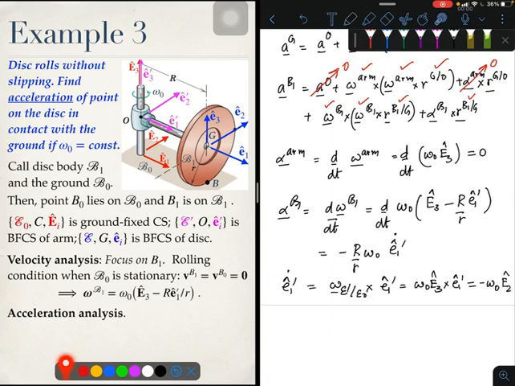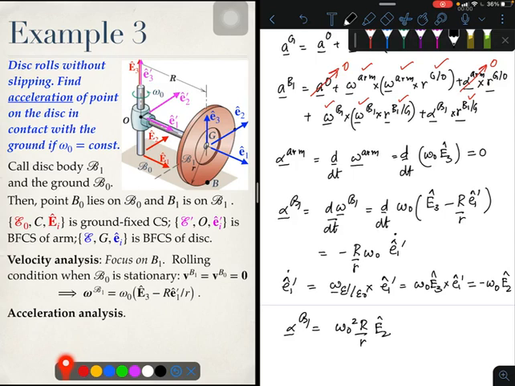Putting this equation and this equation together, I will get that alpha B1 is equal to omega 0 square r upon small r capital E2.